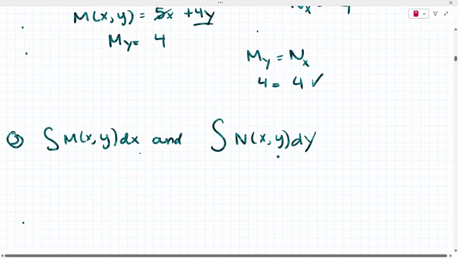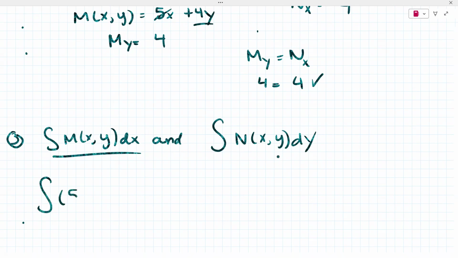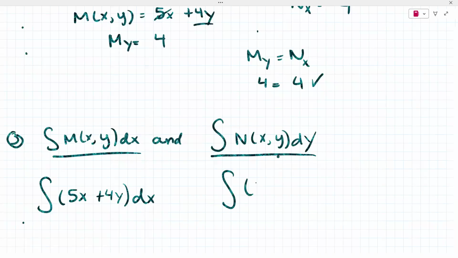So the integration of this is basically the integration of (5x + 4y) dx. And then the integration of this is the integration of (4x - 8y^3) dy.